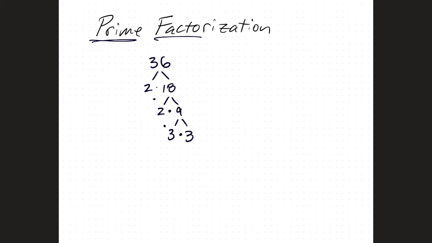And now I have only prime numbers. And if you look, this kind of looks like a hockey stick. Sometimes I'll call this the hockey stick method. Okay. And so this just breaks a number down into its prime factors, all the prime numbers that multiply together that equal that number, in this case 36.